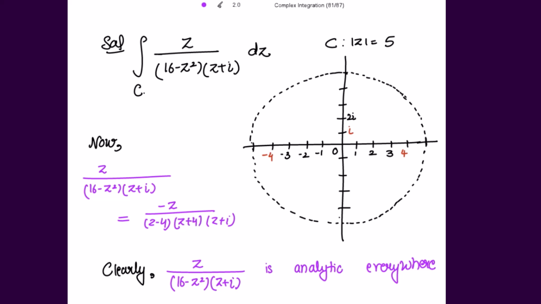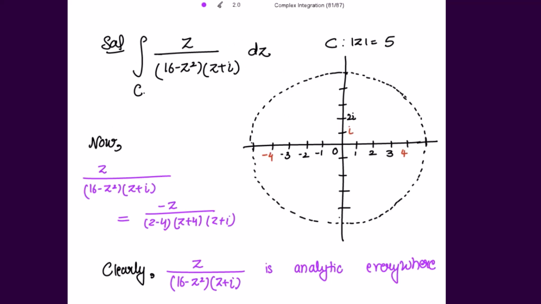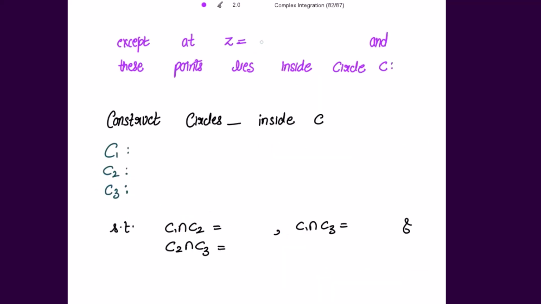Clearly, z over (16 minus z²)(z plus i) is analytic everywhere except where the denominator equals 0, which gives the points z equal to plus minus 4 and minus i. All these points lie inside the circle |z| = 5.